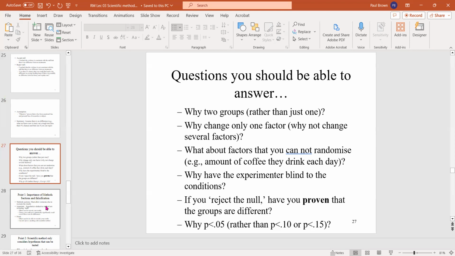What about factors that you can't randomize, like how much coffee people drink and things like that? Why don't you have to worry about those things? So why don't I have to worry about all the other factors I think are going to influence healing, like coffee drinking and how many kids you have?